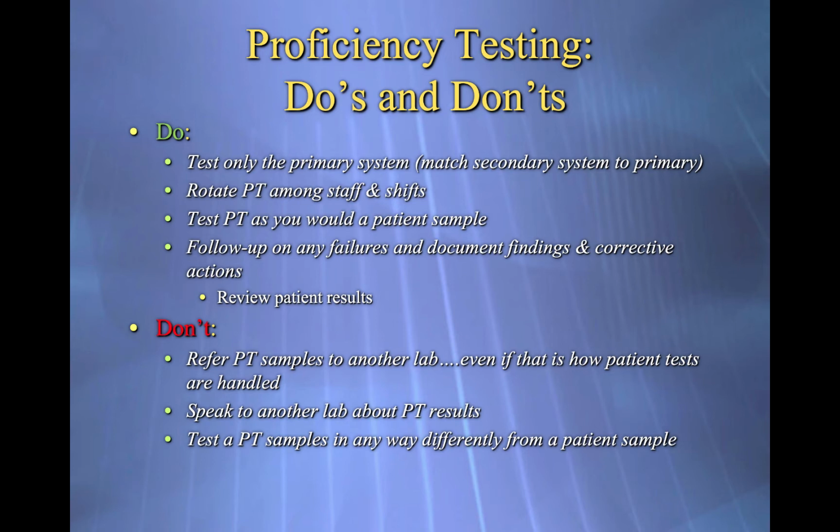Like, I'm going to test it 3 times and take the average. No, you would never do that. You get caught doing that, and these are things that are zero tolerance with CMS. Labs lose their CLIA certificate and cannot perform laboratory testing in the United States if they do these things. It's zero tolerance, and do not breach those rules.